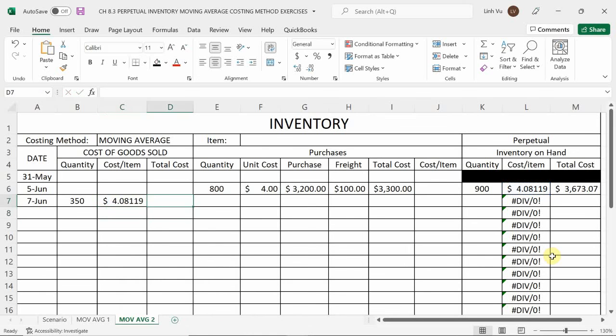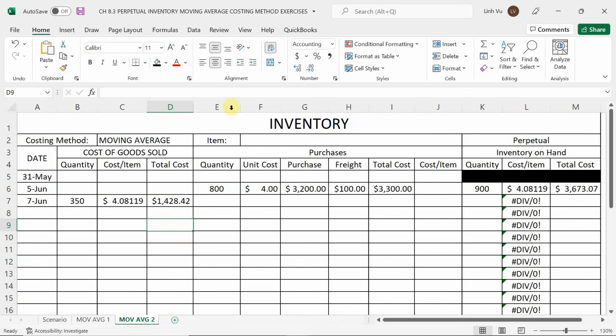Okay, so that's going to give me a total cost of goods sold of 1428.70. I got 42 cents. So in this case, maybe you skipped a one. 350 times 4.08119. Yeah, I did. Okay, so it should be 42 cents.